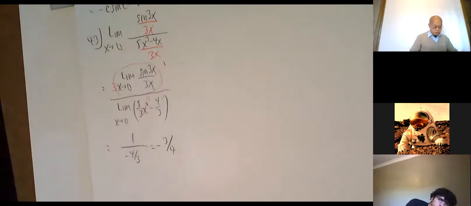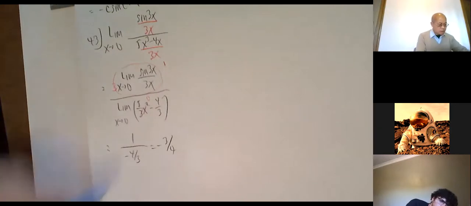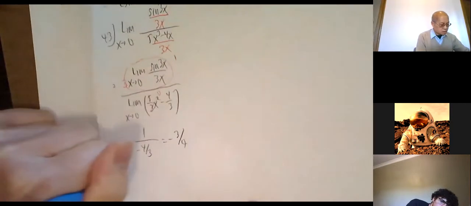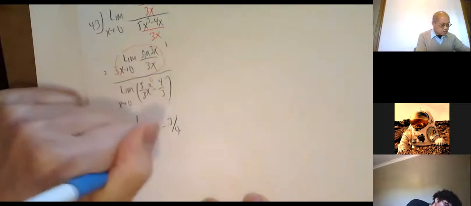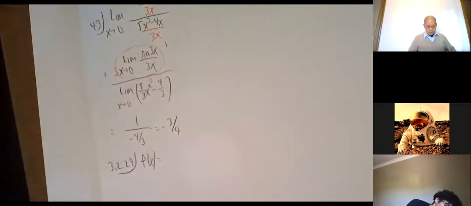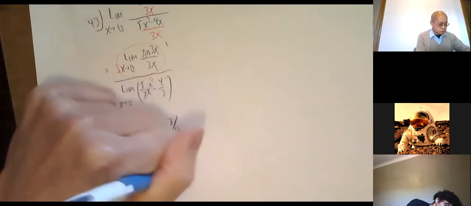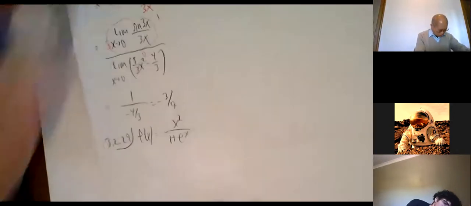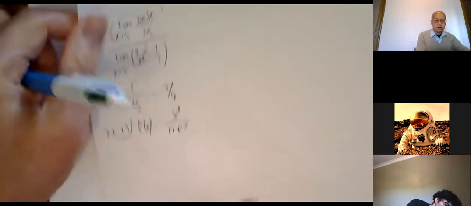Okay, 3.2 number 29. f of x is x squared over 1 plus e to the x. And they want the second derivative.